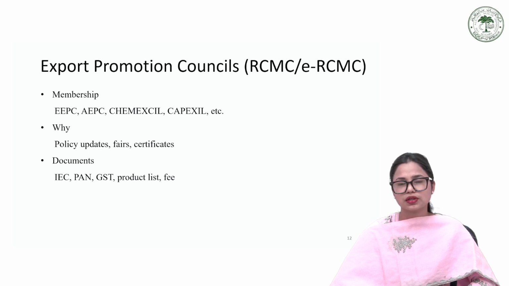It is used to stay aware of policy updates, various fairs, and new certifications that can be required. What are the documents required? IEC, PAN, GST, product list, and fee.